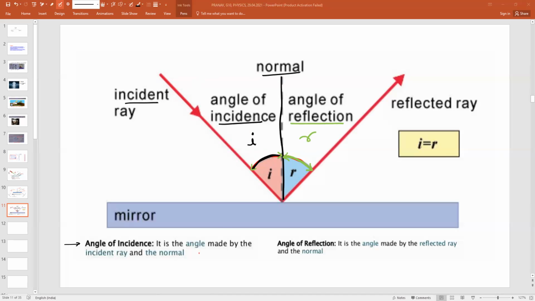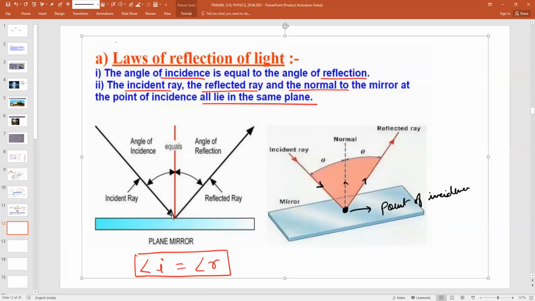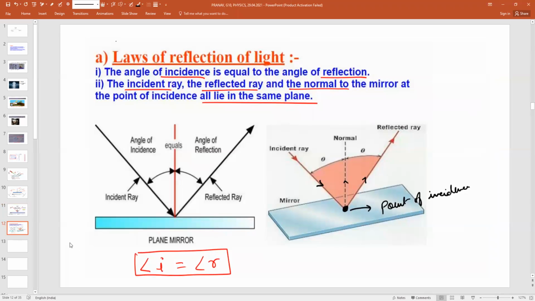Have you studied this chapter in your school or not? In 10th? No, they still have to do it. Okay, no problem. So in this, you can just make a note: laws of reflection.